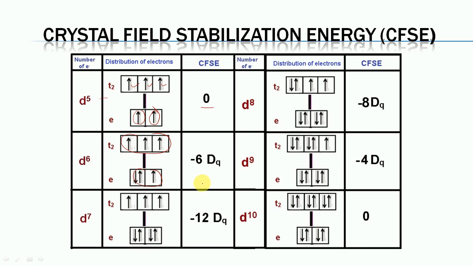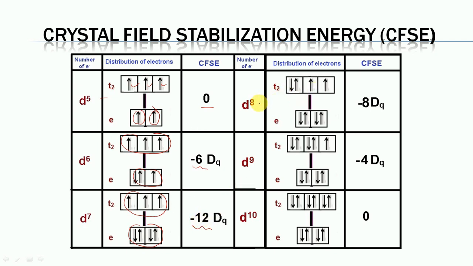In this case the crystal field stabilization energy is equal to minus 6 Dq. Then the d7 system: 4 electrons will occupy the e orbital and 3 electrons occupy the higher energy T2 orbital. The crystal field stabilization energy is equal to minus 12 Dq in this case.